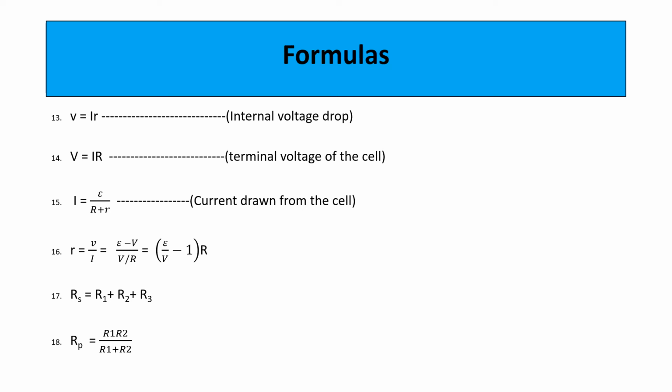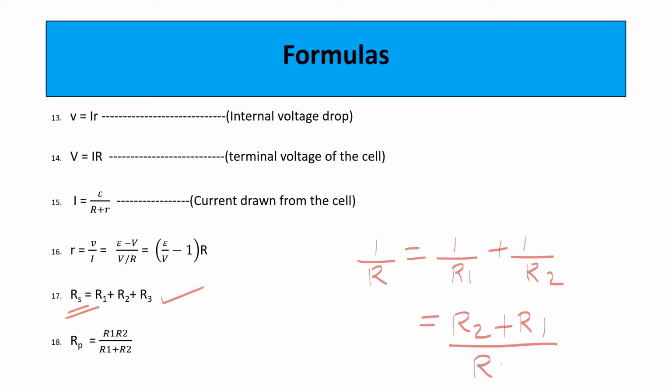We also learned the equivalent resistance for series connection as R1 plus R2 plus R3. When the resistors are connected in series, the equivalent resistance is to add those resistances. Whereas if two resistors are connected in parallel, how will you find out the equivalent value for that resistance? 1 by R is equal to 1 by R1 plus 1 by R2, which is equal to R2 plus R1 divided by R1 R2.